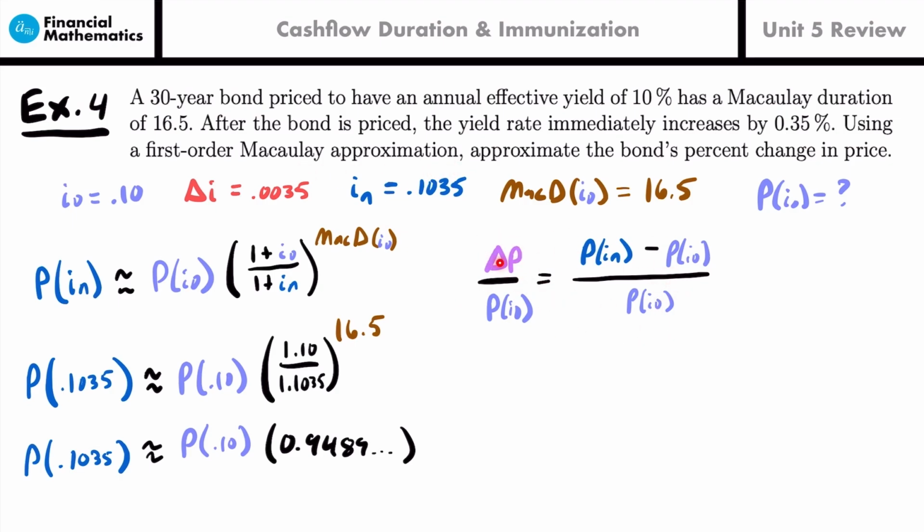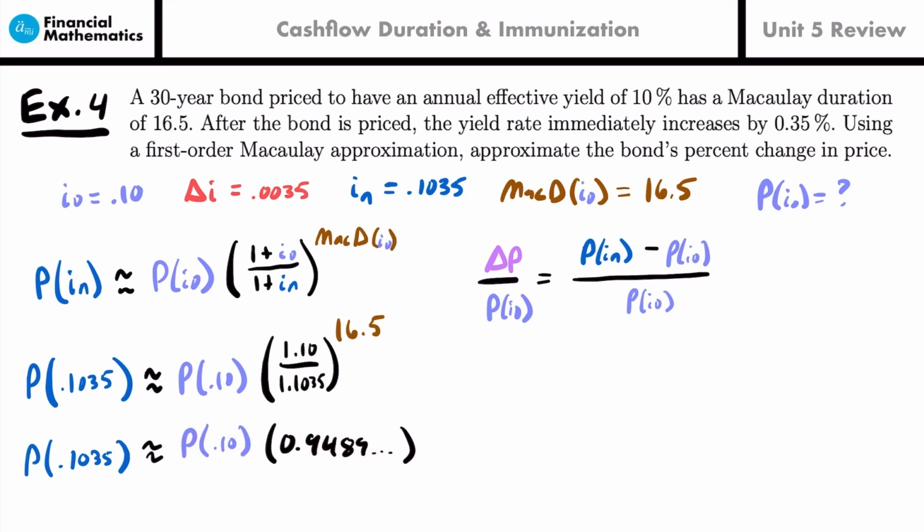Okay, you take the change in the prices, or delta P, and divide it by that original price. Now, as I've pointed out many times now, we don't know what that original price is, but watch what happens if we replace the new price with what it's approximately equal to. I'm going to replace P of i sub n with this expression right here.